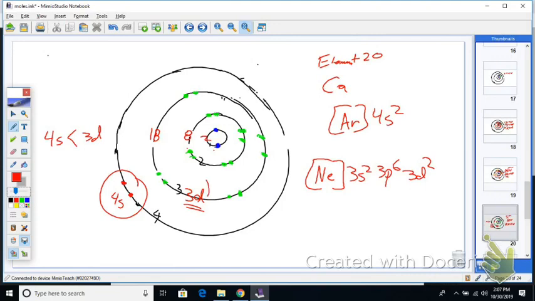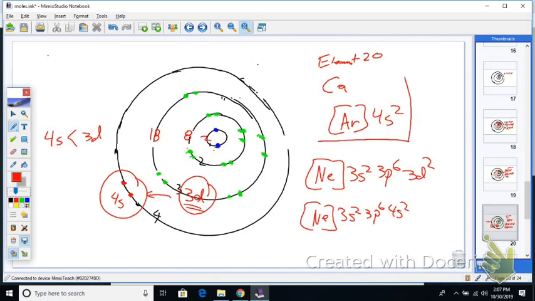Well, they won't fill the 3d's until after the 4s's are full. So that's why if you started in neon, you go 3s2, 3p6, 4s2. And that's why this is the proper way in which to show calcium. Okay? And then we'll get into those D's a little bit later.